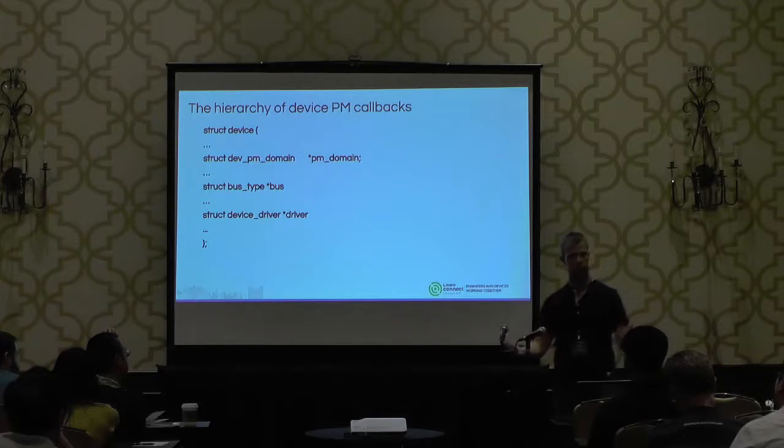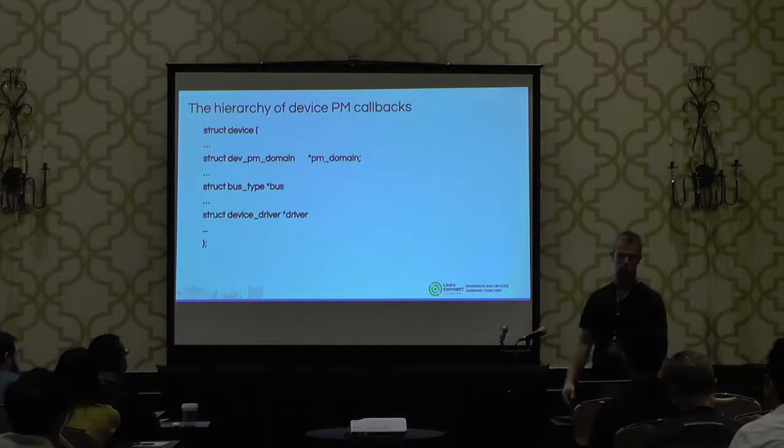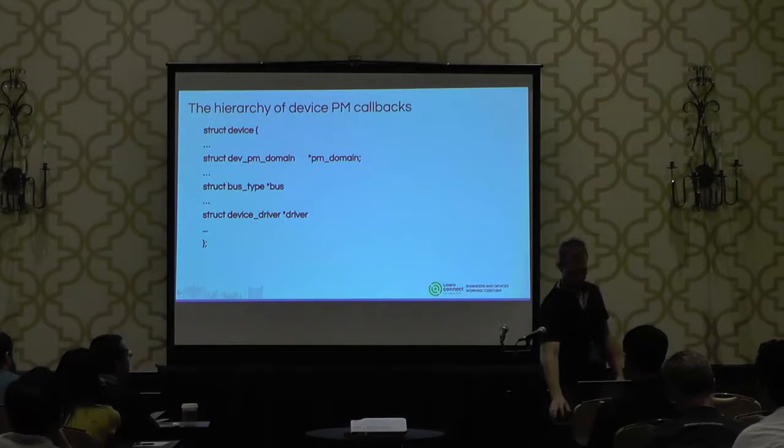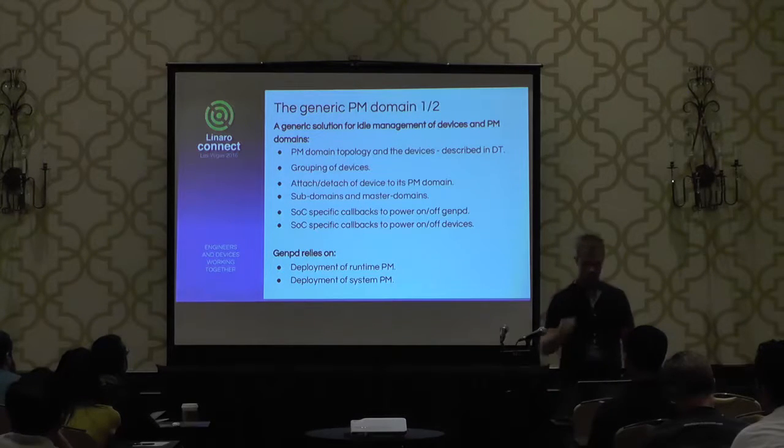If it doesn't have a PM domain, it continues in the hierarchy to what's called a bus type in the struct device, and it invokes that, to see if callbacks have been set up for the bus, and so forth. The driver is at the bottom of the hierarchy.